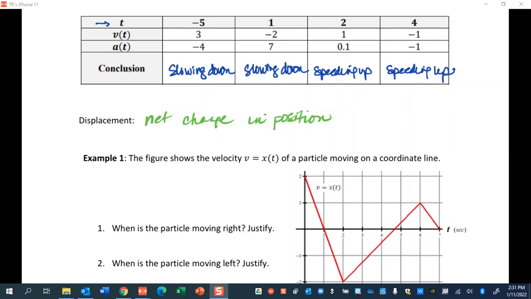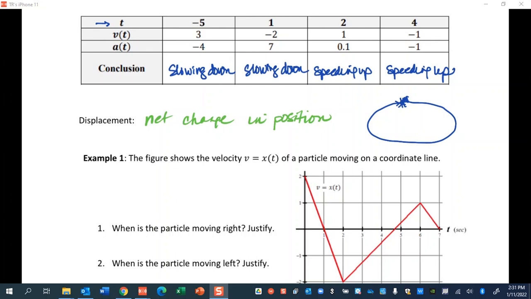If you're a track star and you start here and you run all the way around the track, and then you come back to exactly where you started, what is your displacement? You're like, I just ran a whole lap. You didn't get anywhere. So that concept of displacement is going to be the net change in position.